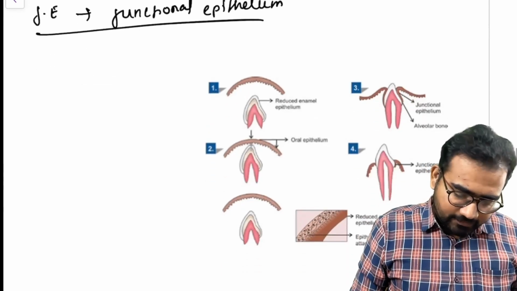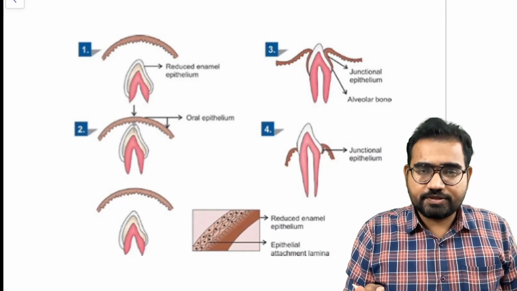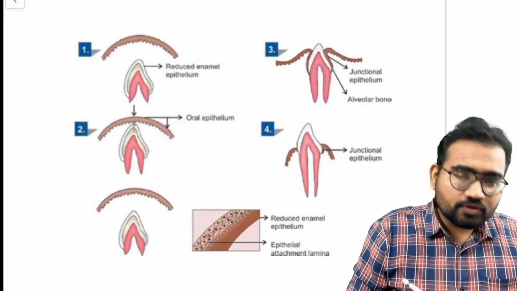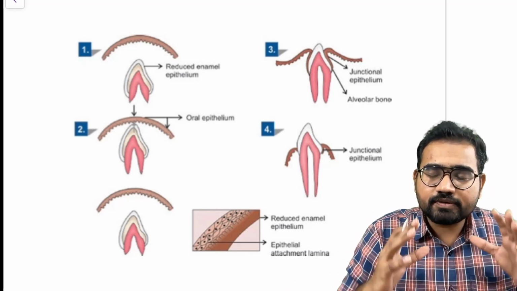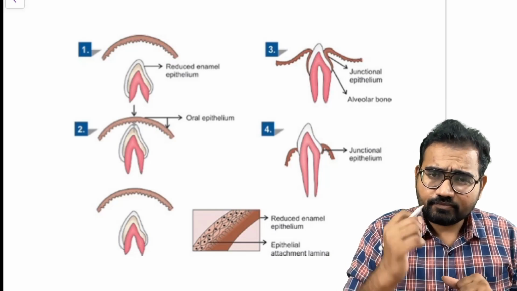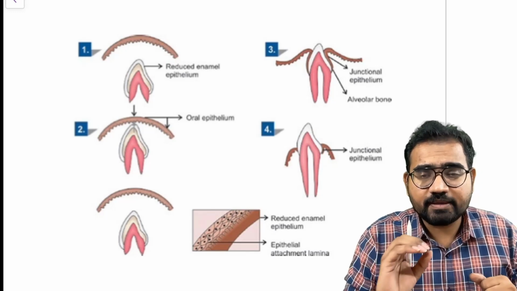Now, as you would have all read in oral histology, I'll just brush it up. The crown of a tooth, before erupting, is covered with reduced enamel epithelium, made of flat cuboidal cells and cells of stratum intermedium.